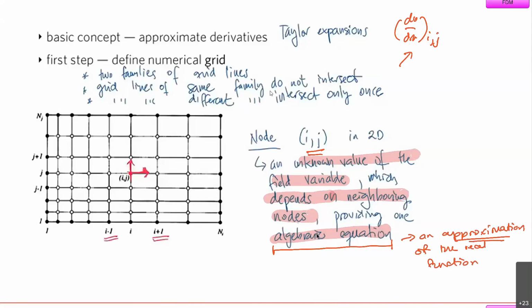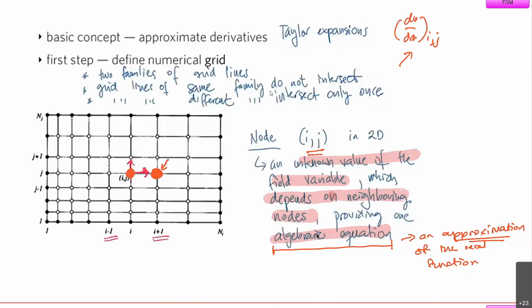You need to understand, if you look carefully here at the definition, we are trying to estimate the value of a node by using values from its neighboring nodes. So if you want to estimate this value, we get that particular value by using the value from its neighbor, in this case for the x component.